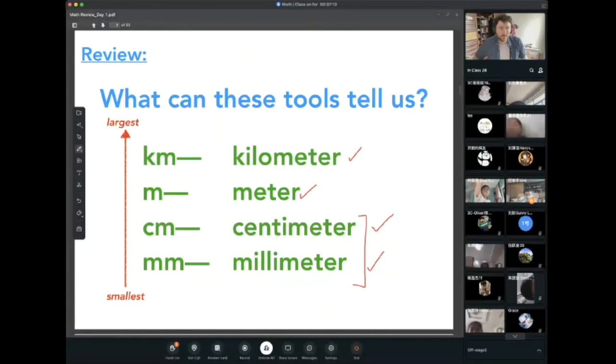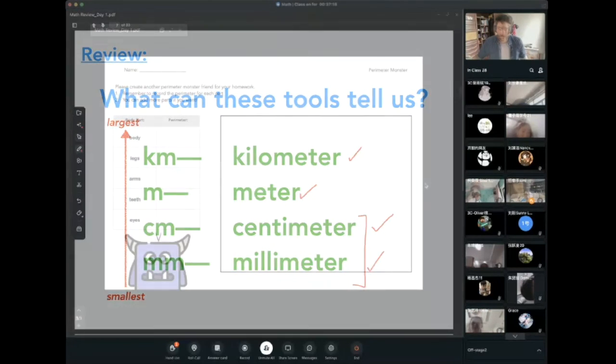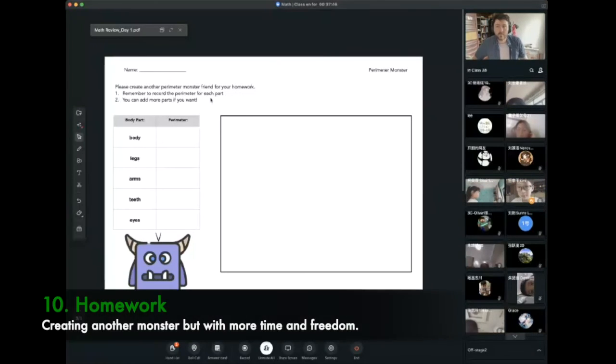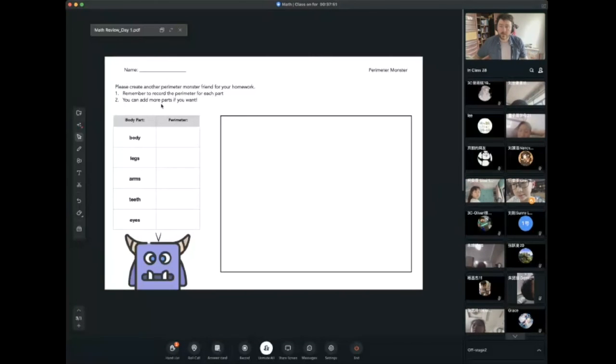So what I'm going to do is I'm going to show you what you can do for homework tonight. So please create another perimeter monster friend for your homework. Remember to record the perimeter for each part, and you can add any parts that you want.